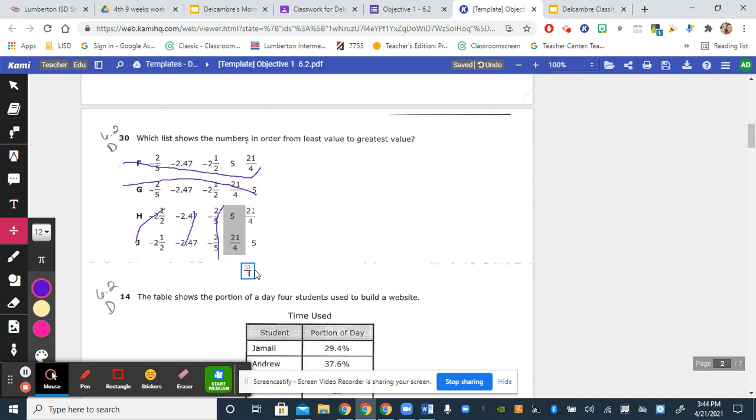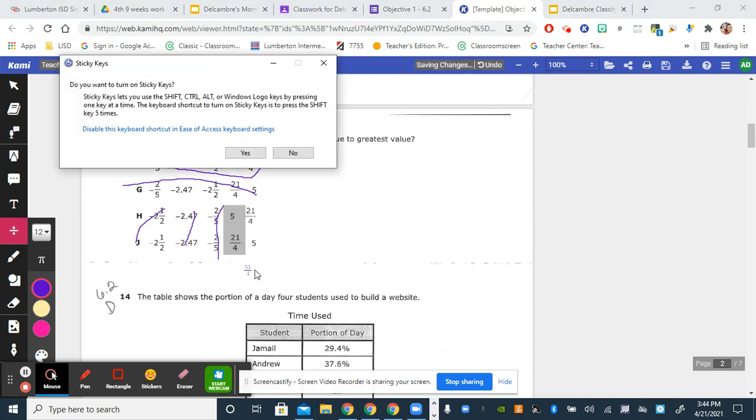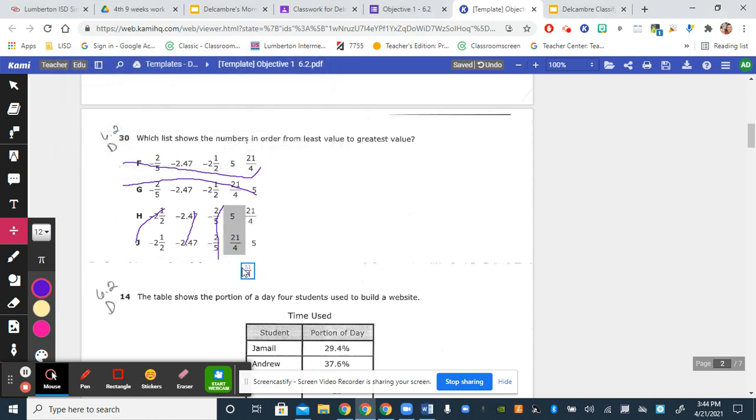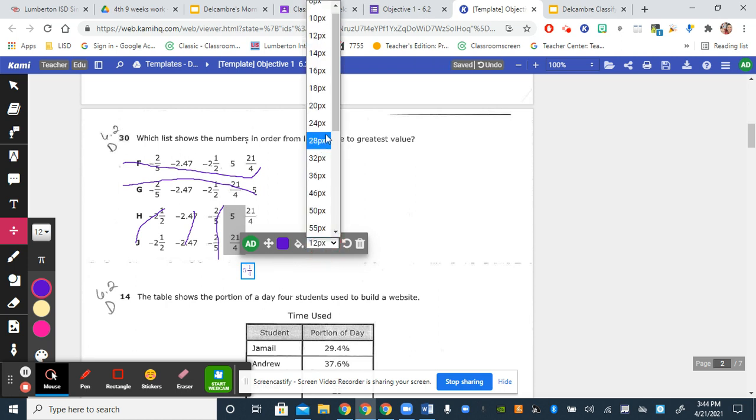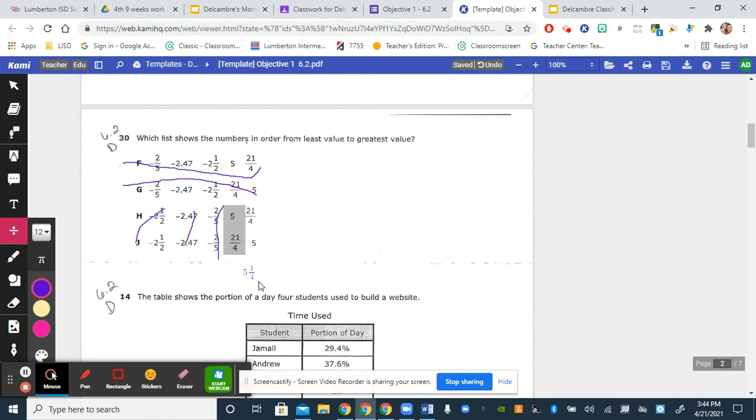I know it's really hard to see, so let me make this a little bigger so you can see. Okay, so that 5 1/4 would be larger than that 5, so my answer would be H. The answer here would be H.